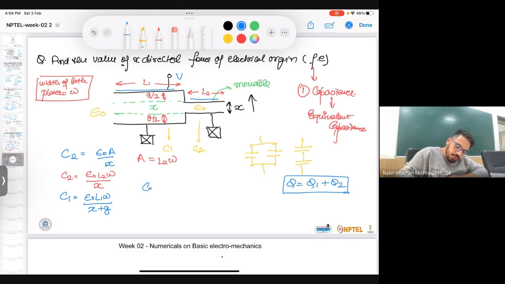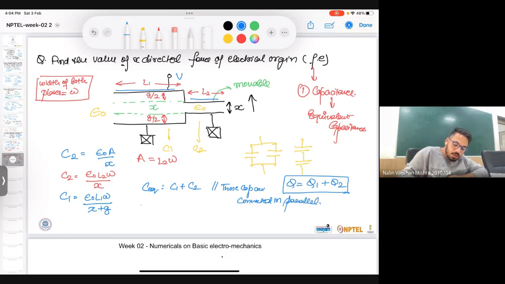So C equivalent can be written as C1 plus C2, as these capacitance are connected in parallel.